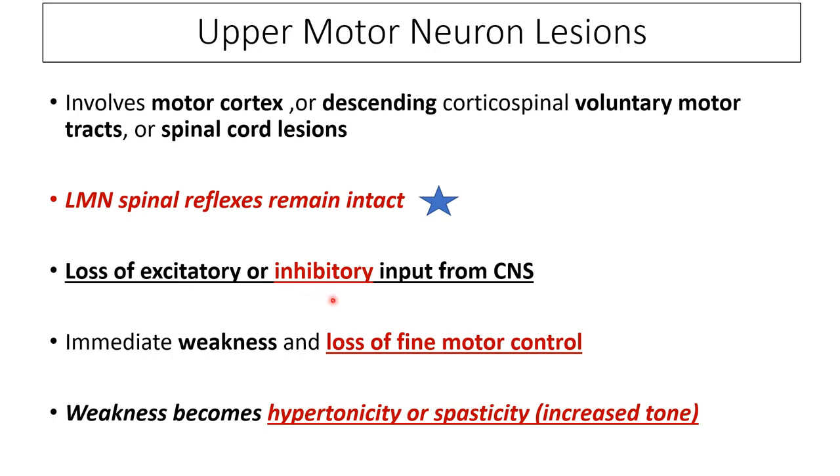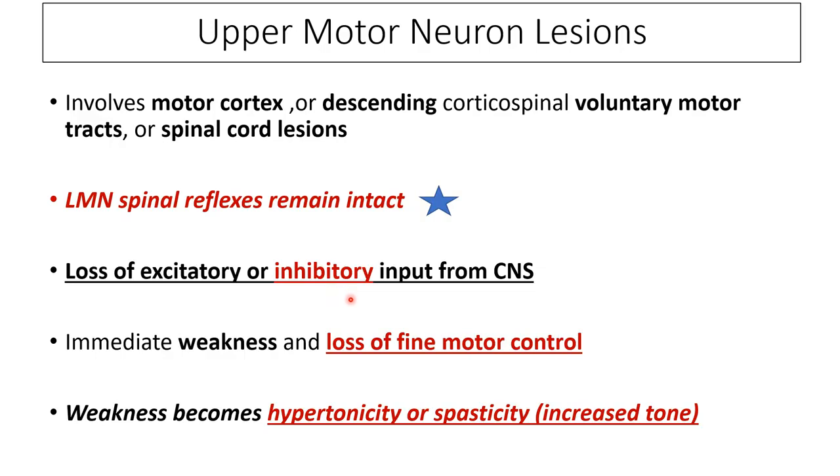As well, you're going to lose the inhibitory input from those upper motor neurons on the spinal reflexes. All right, so the spinal reflexes, like the stretch reflex that establishes muscle tone, and the deep tendon reflexes that we see, are going to lose that inhibition that those upper motor neurons normally provide.